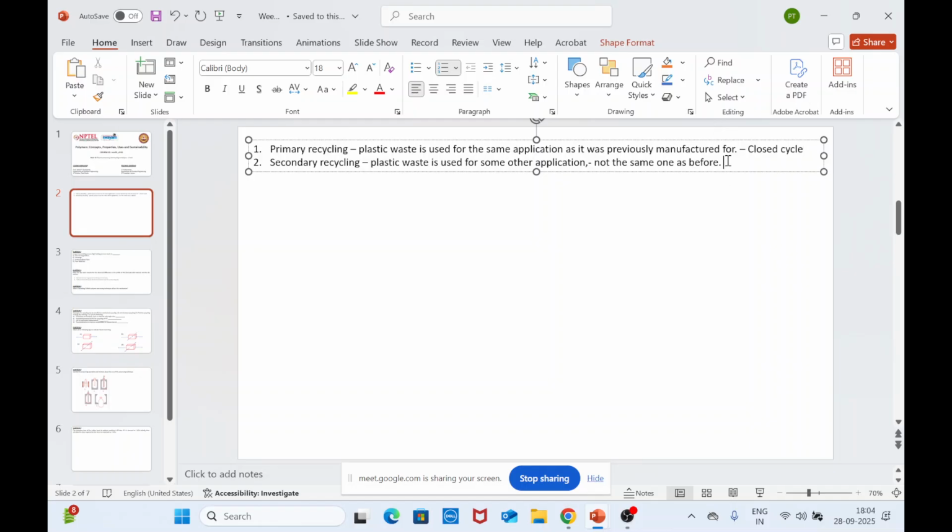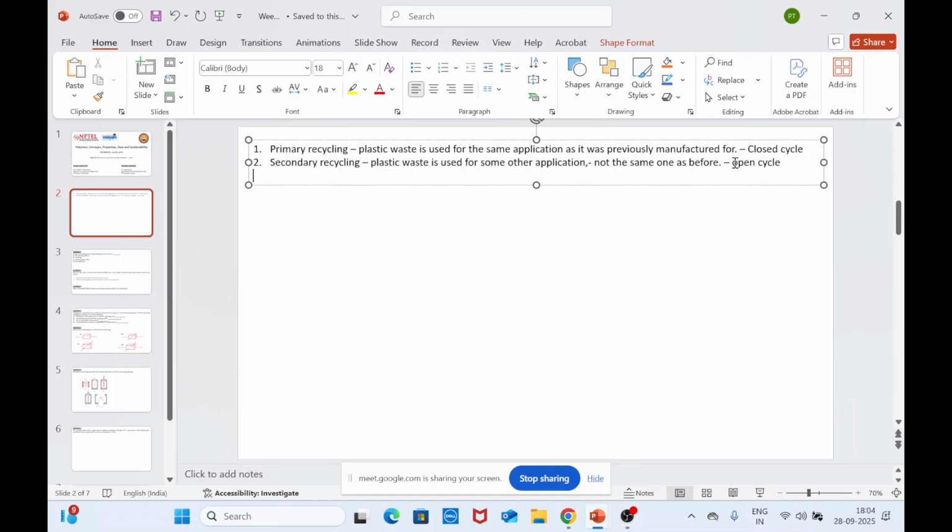However, in case of secondary recycling, since it is used for some other application and not the same as what I have used it for before, it is called open cycle. So whatever the plastic waste, if I'm going to use it for the same purpose again, then there is no issue.